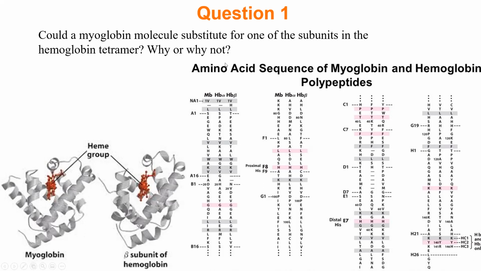So the question I have for everybody here is, if I took out the beta subunit of hemoglobin and put in myoglobin, do you think you would still have cooperativity? Do you think that this myoglobin would have the same function as the hemoglobin and work with no problem? So it would be a one-to-one swap. And why would you answer the way you did?